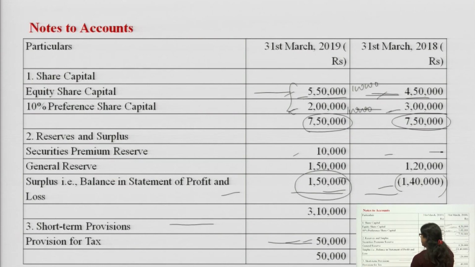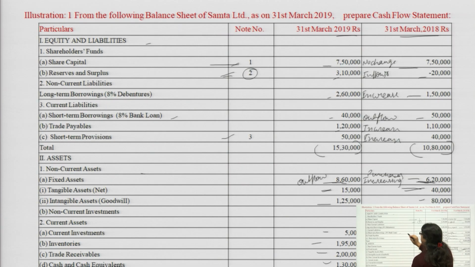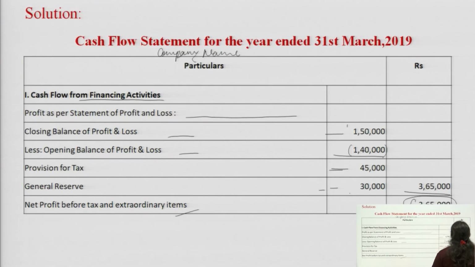How much debenture was issued? Debentures is being given here. Debentures were issued at the same 8%. It was 1,50,000. How many debentures have we issued? Means 1,10,000 debentures have been issued. Let us go back to the question.